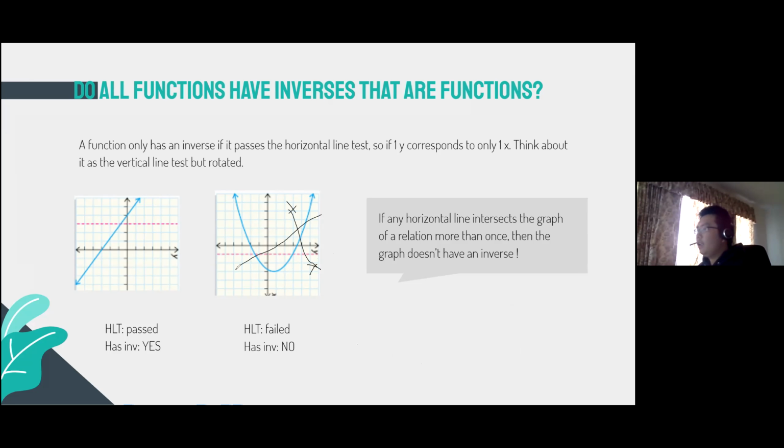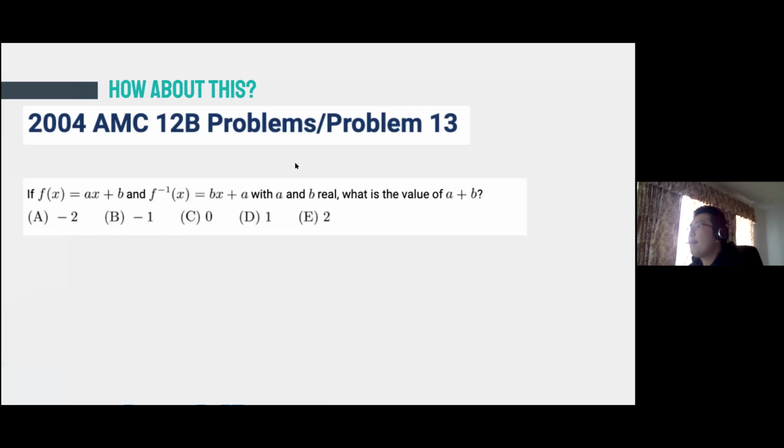Right? Isn't that a similar way to think about it? So that's how you would figure it out, using the horizontal line test, which is just a flipped version of the vertical line test, just like a flipped point is an inverse of that point. Does that make sense? Otherwise, if you don't want to memorize that way, you can just remember HLT and VLT. That's great too. So let's look at this one.